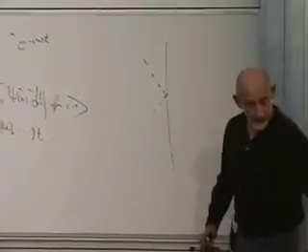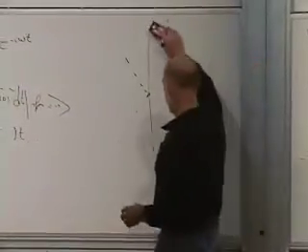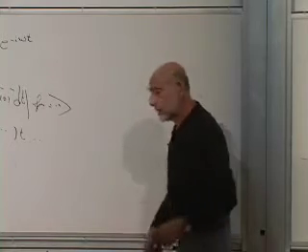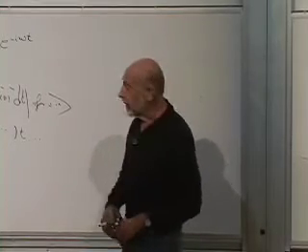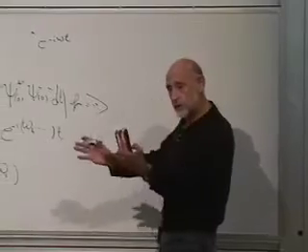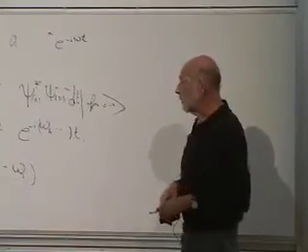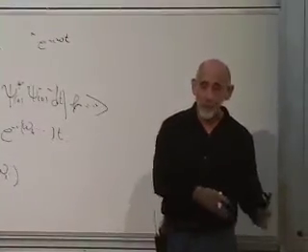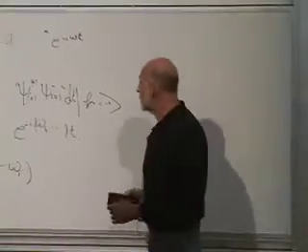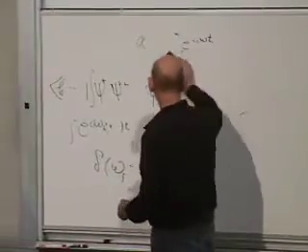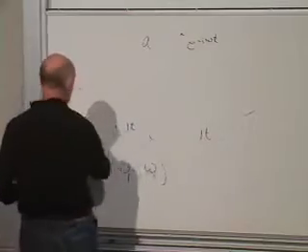Okay. Now, what about momentum conservation? Momentum conservation is exactly the same sort of thing, except it has to do with space translation. If a process can happen at any point of space with equal probability, then it's momentum that's conserved. Let me give you one very simple example.